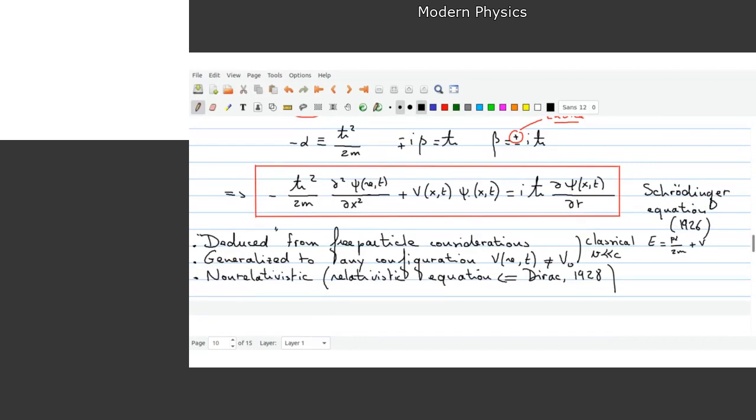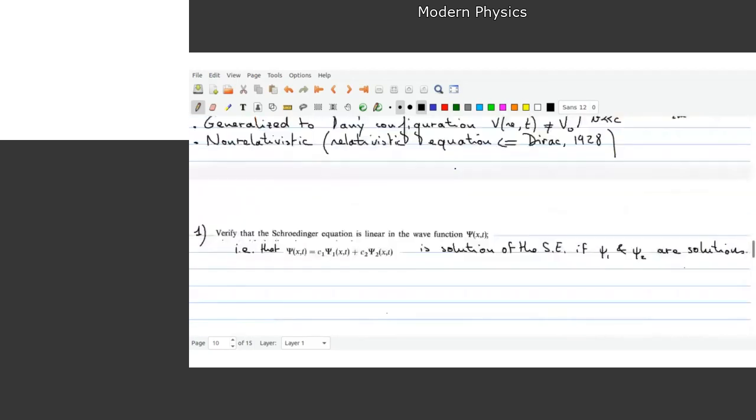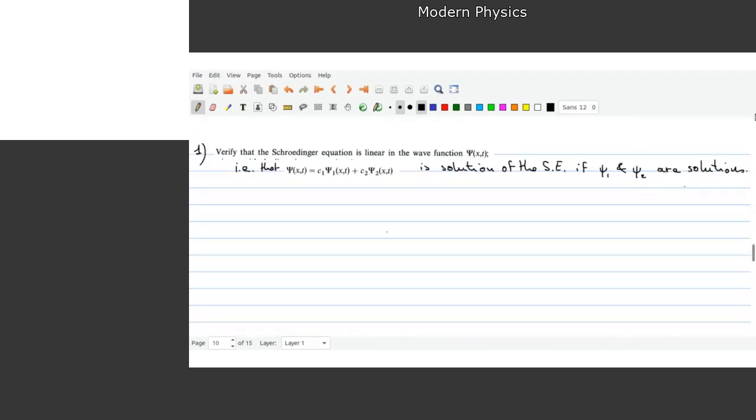Here this is directly proportional to psi, and this is also the first order derivative in time, with no power 2 or 3. So we can show that it is linear, and for that we have to show that this wave function, which is a linear combination of psi1 and psi2, is a solution when psi1 and psi2 are solutions of the wave equation.